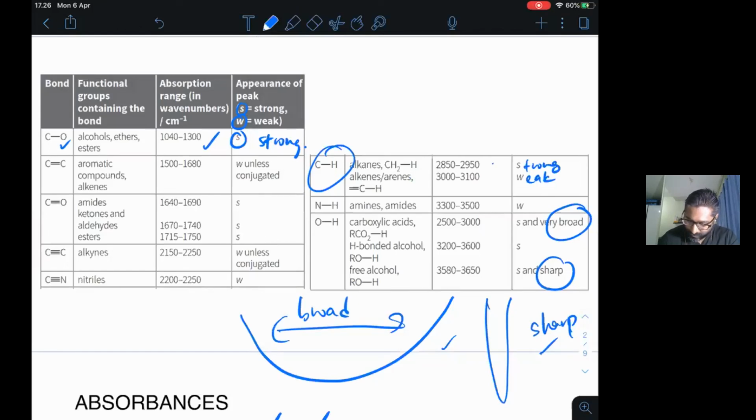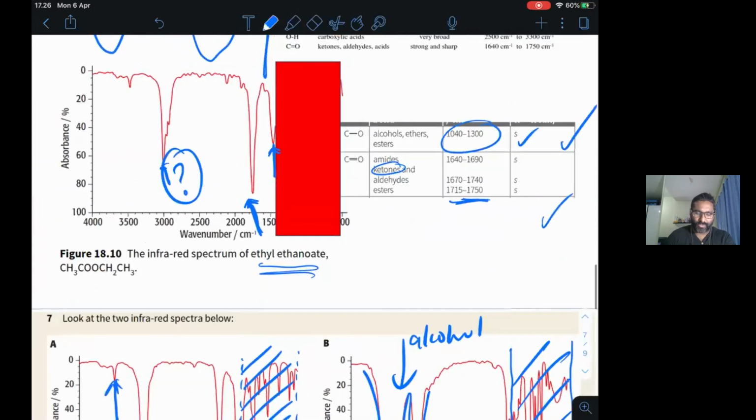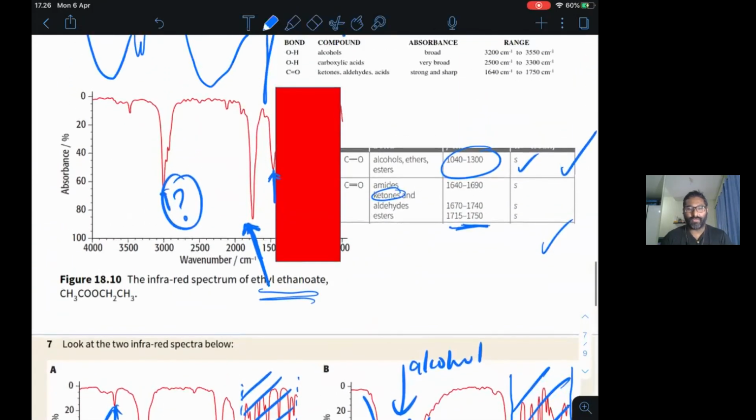There's nothing, probably something to do with this one only. So the indication over here that this one is going to be a ketone is only this part. This is the skill to identify which peaks are related to this compound or that compound. You need to take note, it is very important.